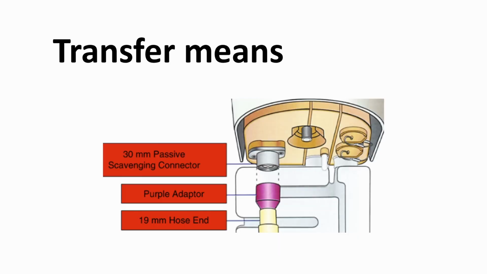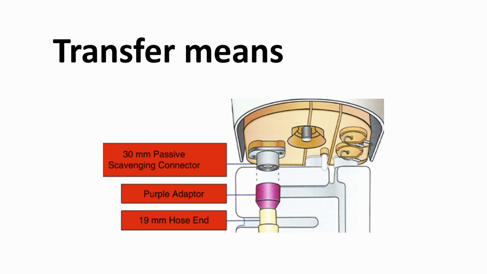The transfer means, as I said, the beginning of the hose is around 19 millimeter width, and then it has an adapter to be connected to the scavenging connector at 30 millimeter width.